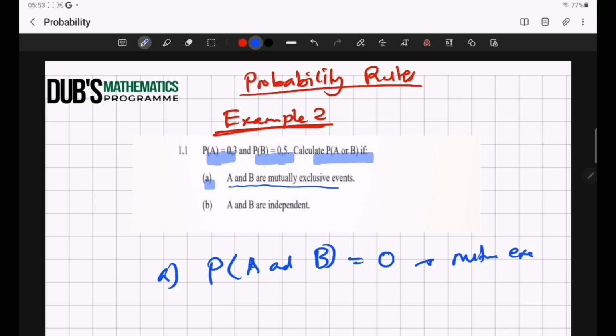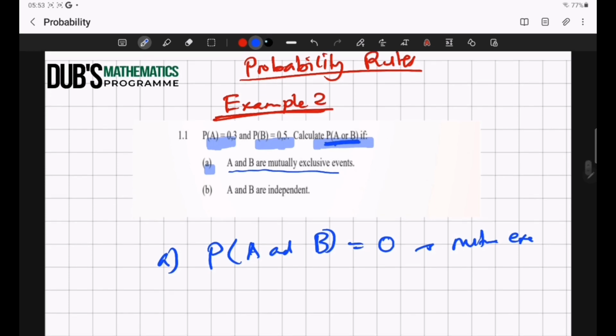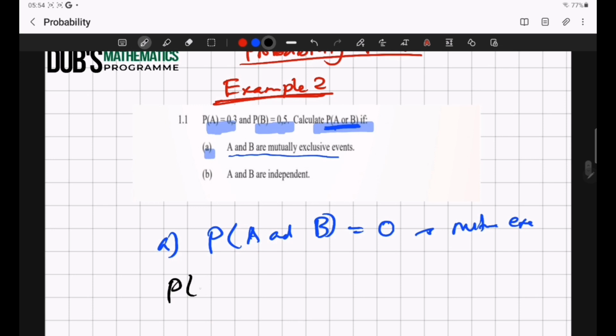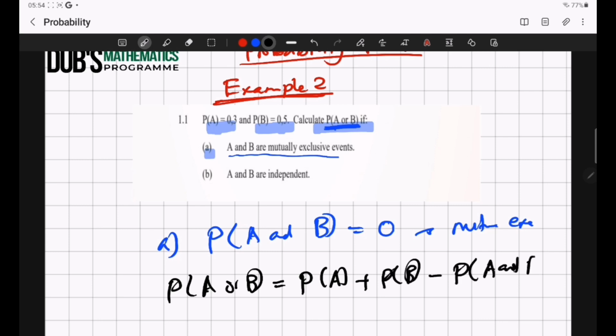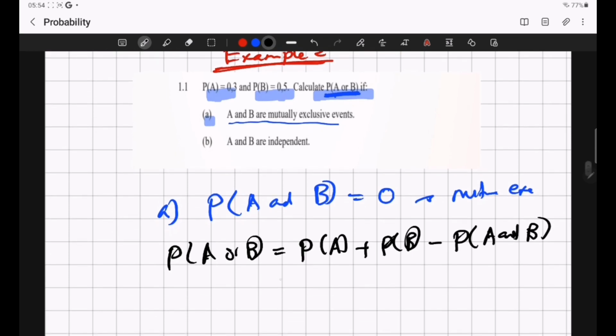Now next step, they say find A or B if this is the case. To get the probability of A or B, you have to use the addition rule formula, which says probability of A or B is equal to probability of A plus probability of B minus probability of A and B. Probability of A or B is the unknown.